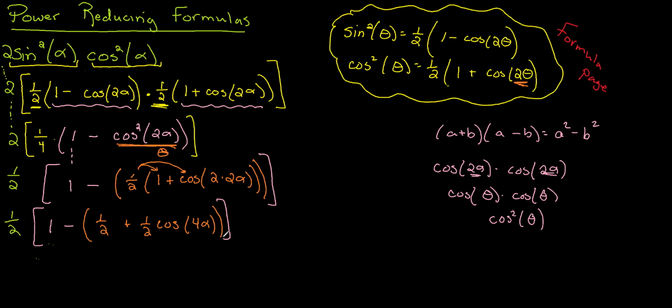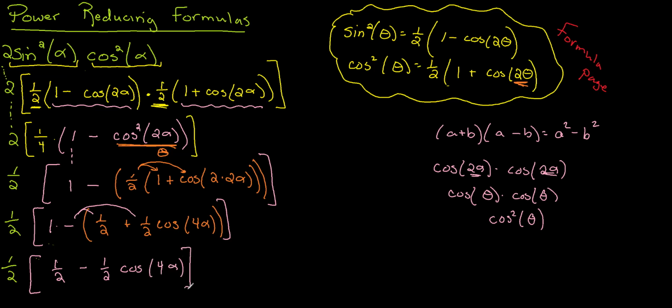Okay, let's keep going. Out in front, I have a 1/2. In the pink brackets, I have 1 minus 1/2 is 1/2. Distributing this negative again, I've got minus 1/2 cosine 4 alpha.